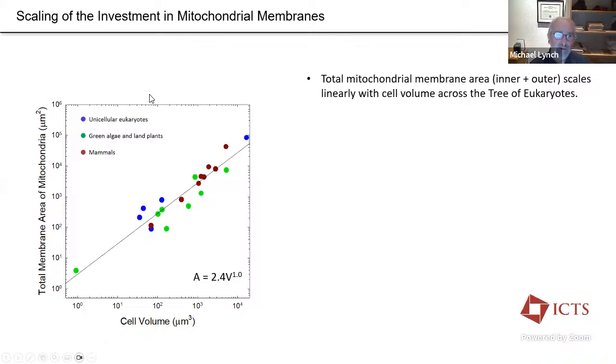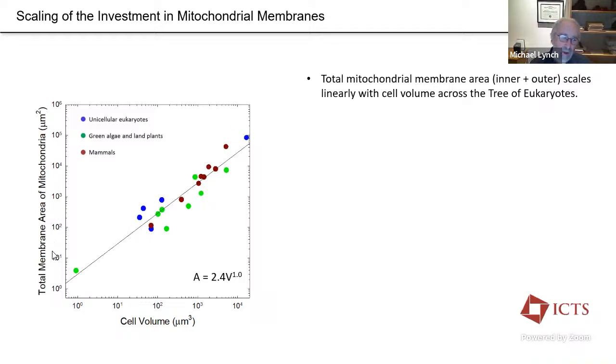We can look at this in a different way. Let me just move this top part over so I can see my own headings. One question we can ask is what do cells invest actually in mitochondria themselves? It costs a lot of energy to make mitochondria because they consist of a lot of double membranes.